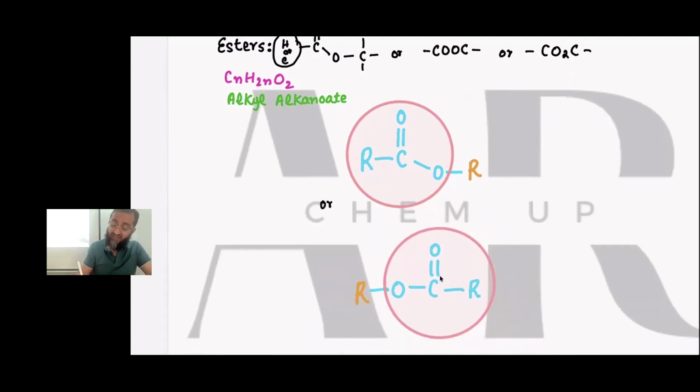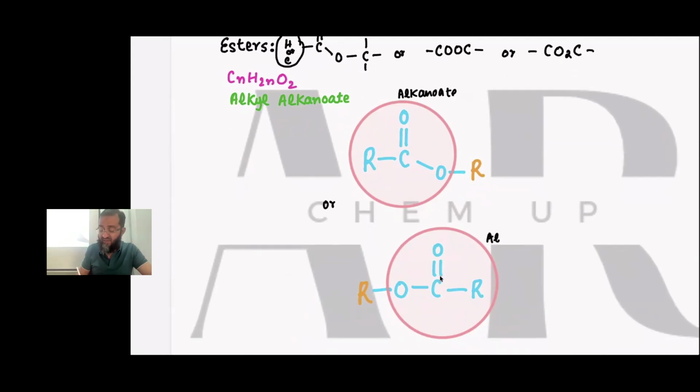So the important thing is that the carbon chain which has the C double bond O along with it is the alkanoate. Now you need to figure out how many carbons it has. If it has 1 carbon, then it is methanoate. If it has 5 carbons, then it's pentanoate. Is this clear?